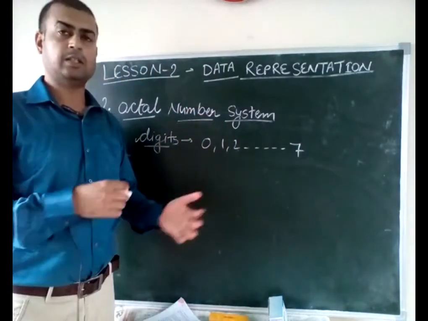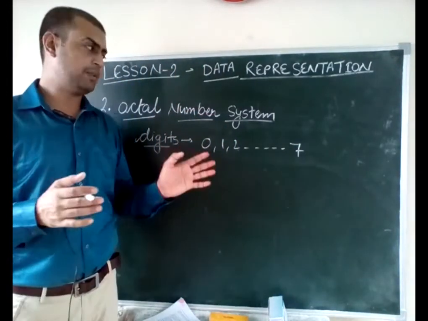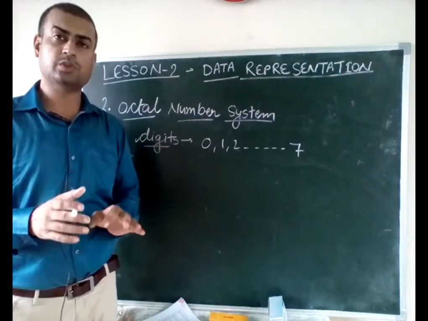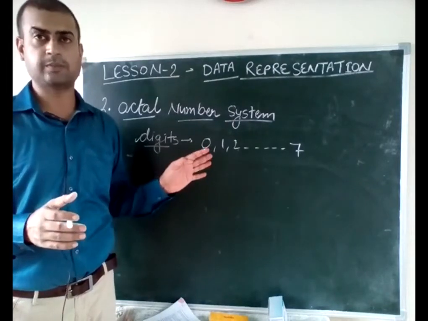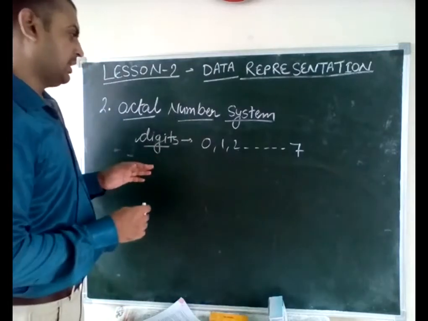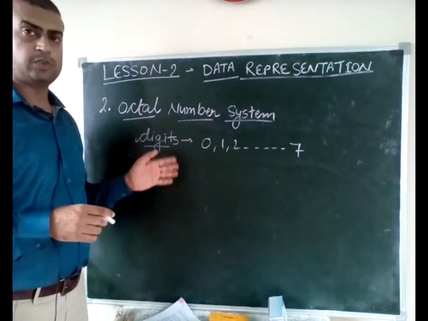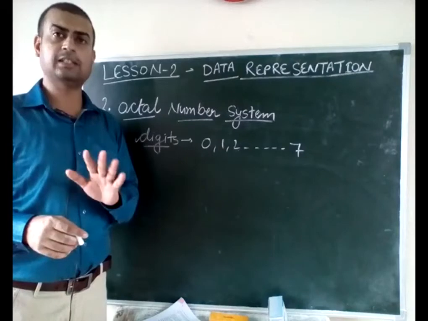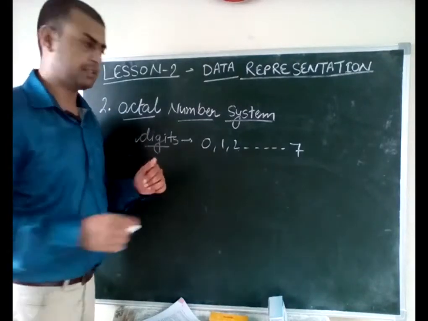Means more than 7 this number system is not having, so we will not use 8, 9, 10 in this octal number system. We will use only 0 to 7, and in this case how many digits are there? 0 to 7, when you count, you will get 8 digits, so its base is 8.